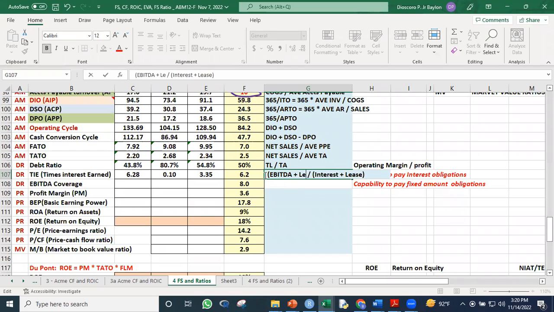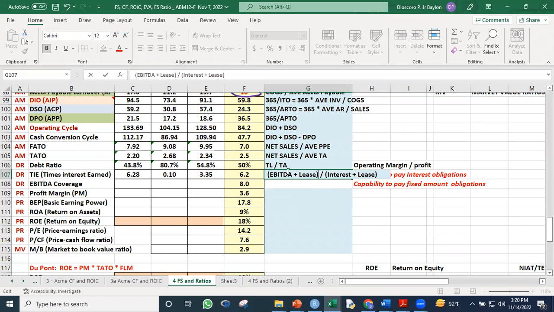So, we have to add back the lease kasi gagamitin natin sa pagbayad ng lease yun, di ba? So, the total amount available is yung EBITDA plus the lease. Okay, I hope this is clear, no? Binabalik natin yung lease kasi kasama yung lease sa capability ng firm na magbayad ng interest at saka lease. At kunyari, ang lease natin, 100,000. Okay? So, sa EBITDA, wala na yung lease, nabawas na yan.